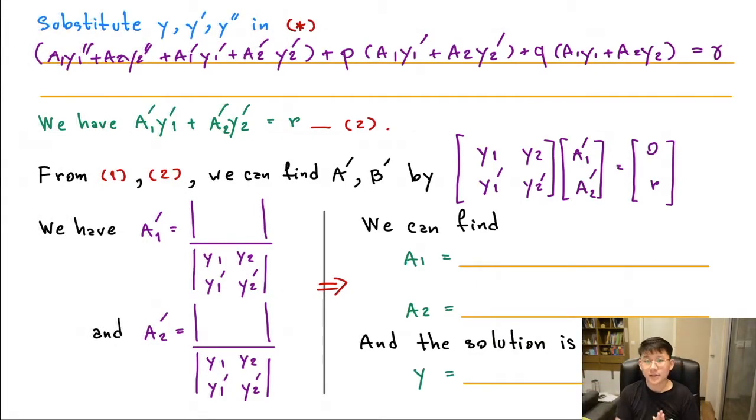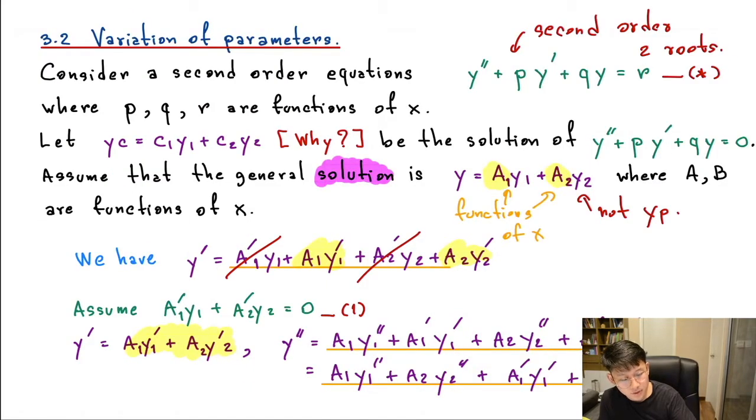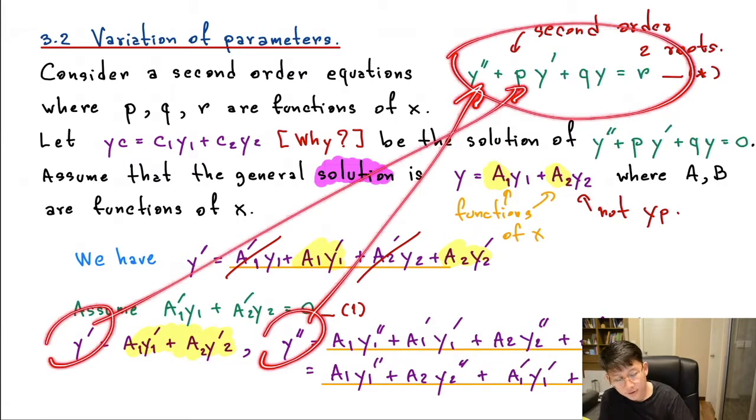Make sense? We basically substitute y prime and y double prime into this equation. We put y prime in there, we put y double prime in there, we put y prime in there, and we put y in there.